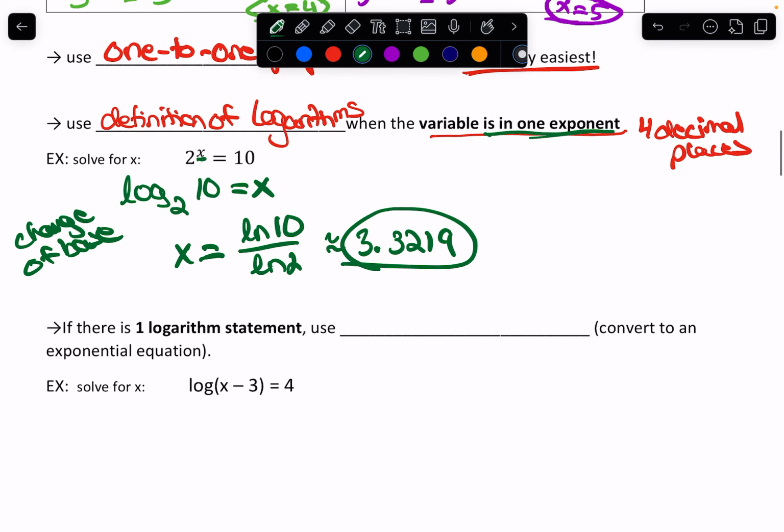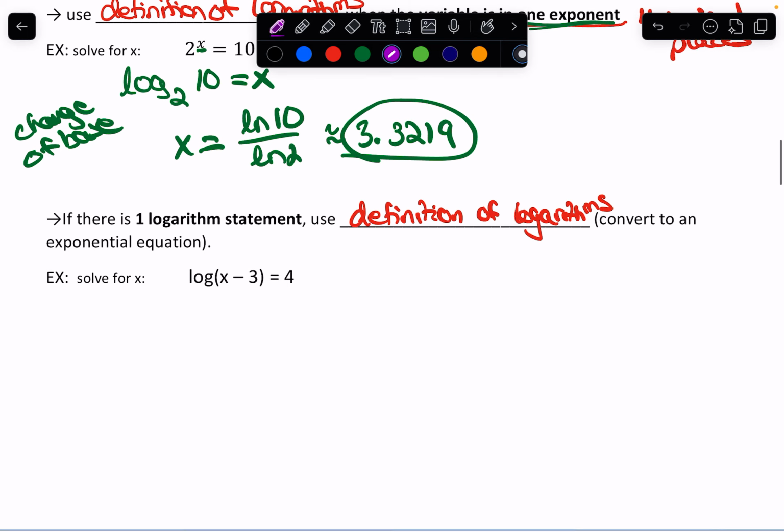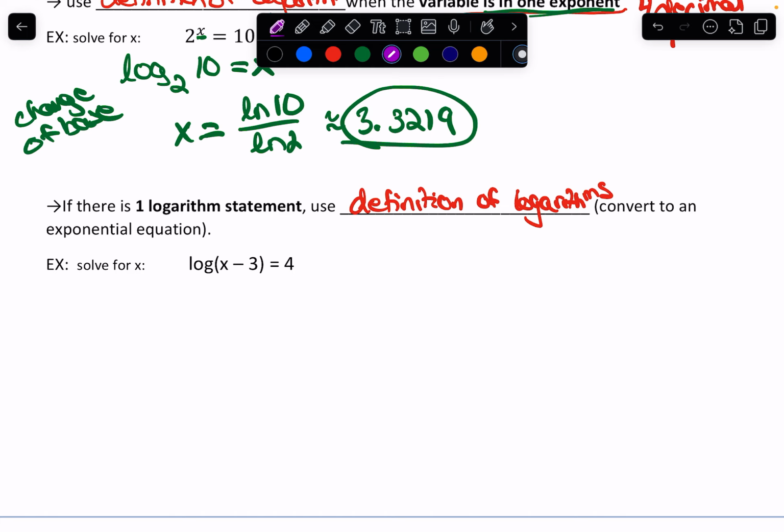Okay, if there is one log statement, use definition of logs. So convert to an exponential equation is what it means. So again, a one log statement, common log of x minus 3 equals 4.